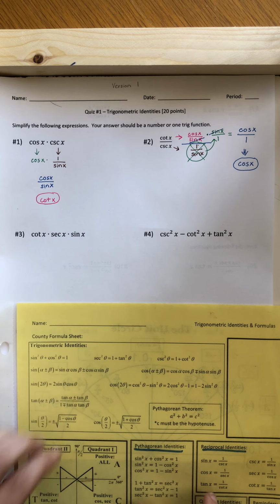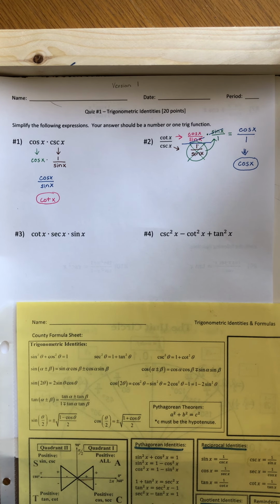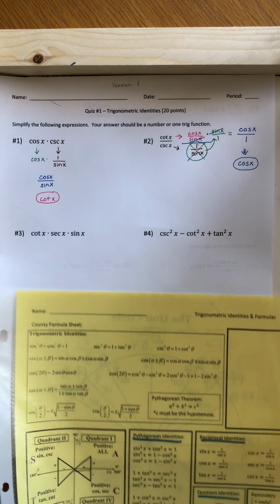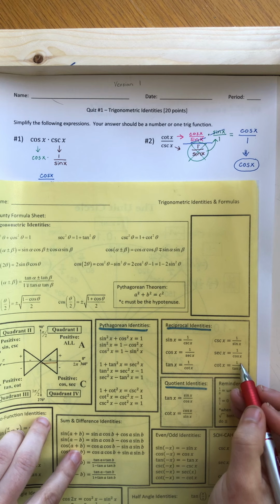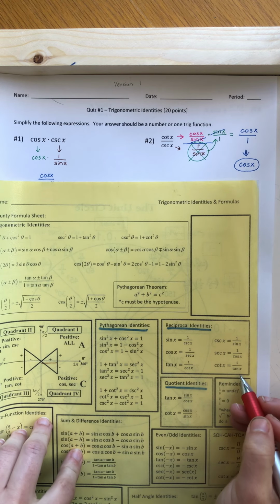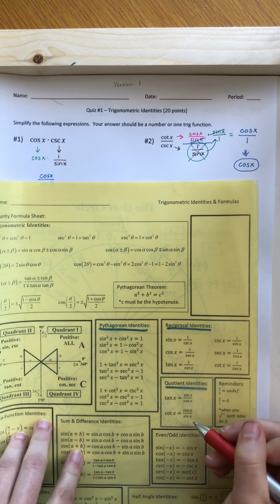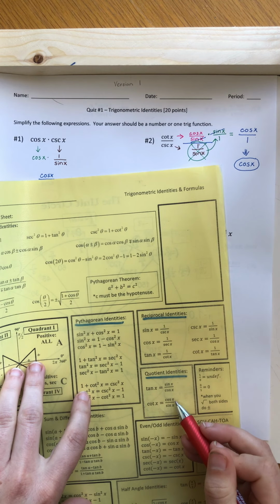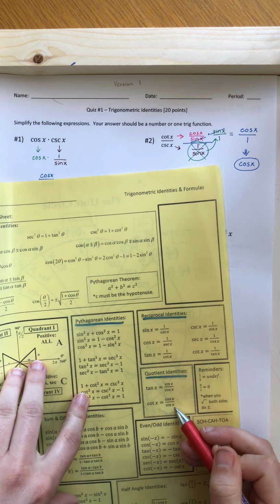For number 3, we're also going to put them in terms of sines and cosines. So for cotangent, you don't want to change it to 1 over tangent because that doesn't have sines and cosines in it. You want to change cotangent to be a quotient identity, which is cosine over sine.